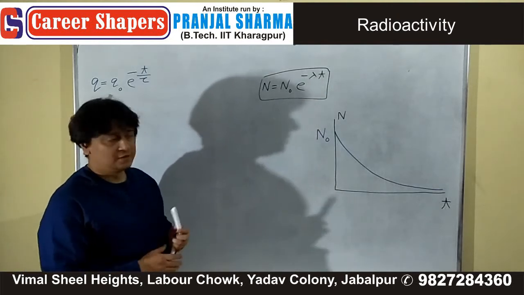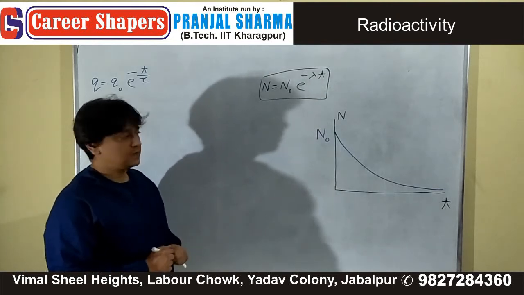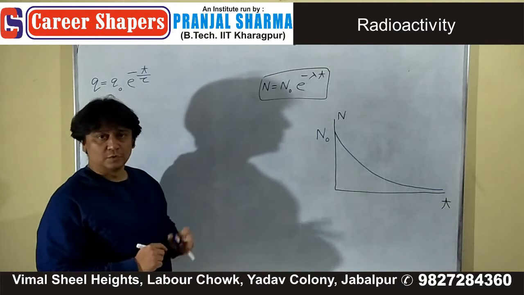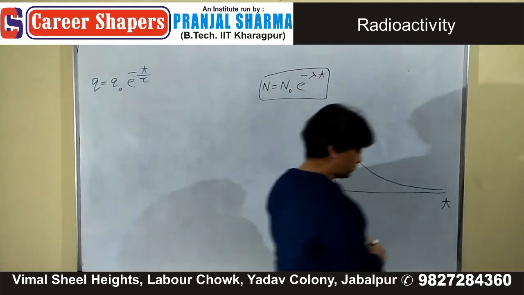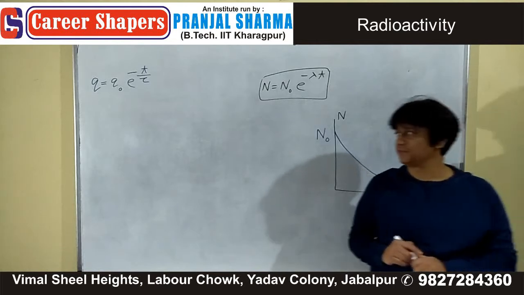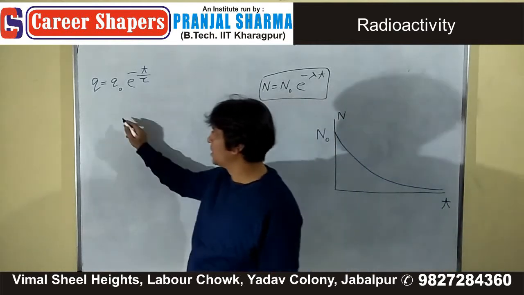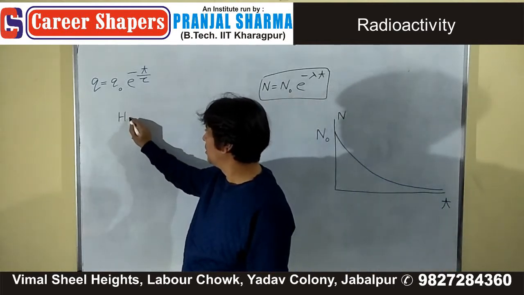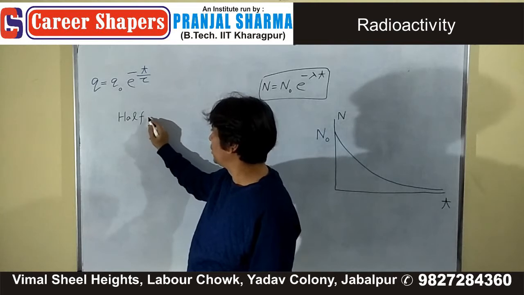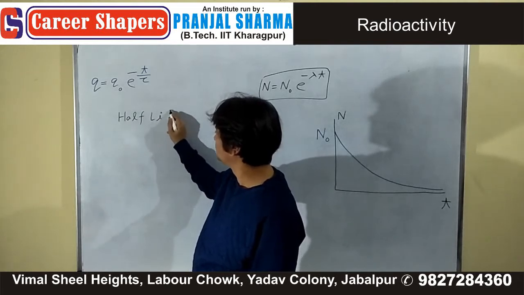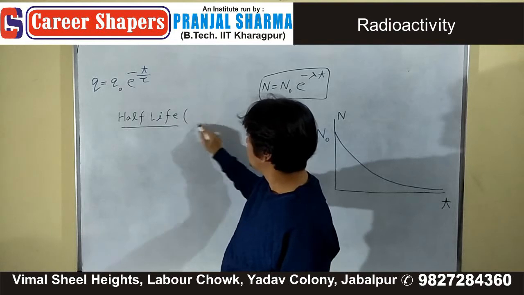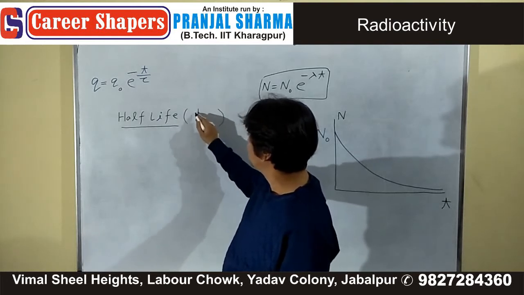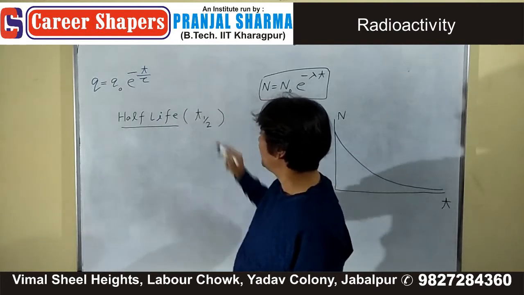In this graph, we are interested in a few special points. The first one is half-life. Write down the heading, half-life of a radioactive sample. This half-life is represented by T half.